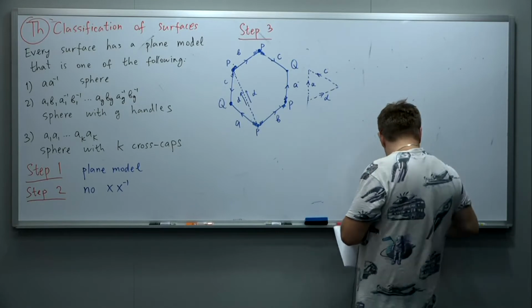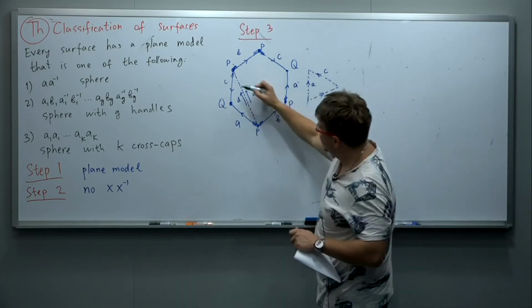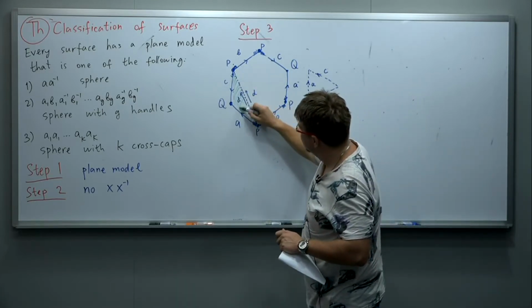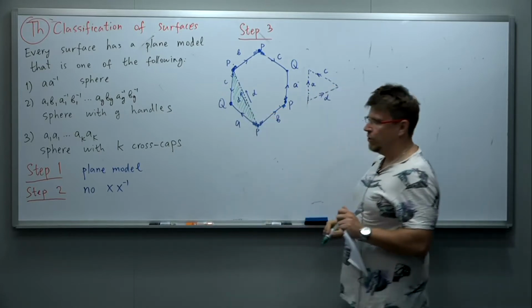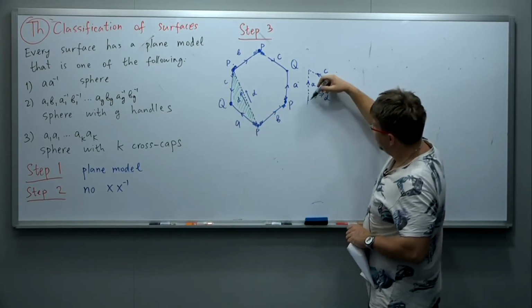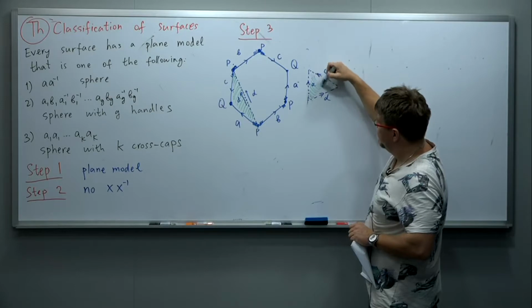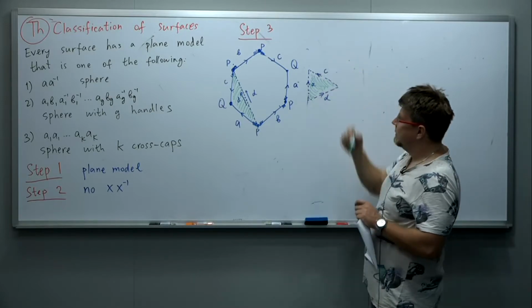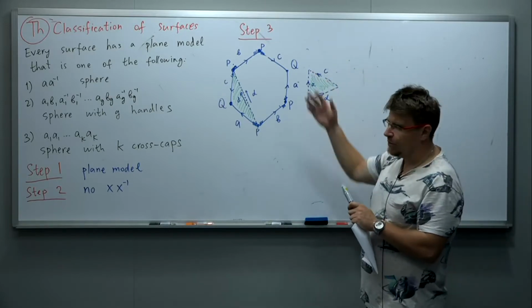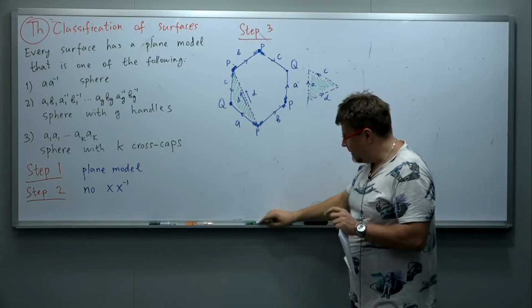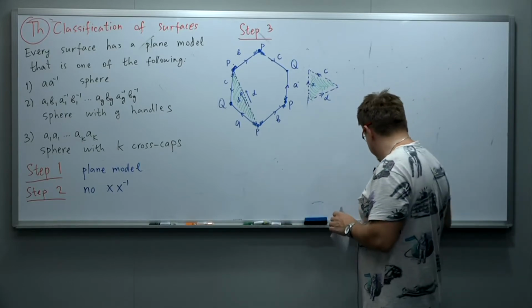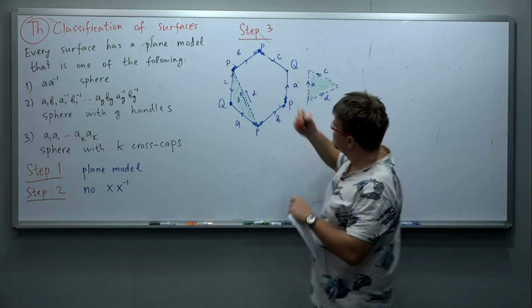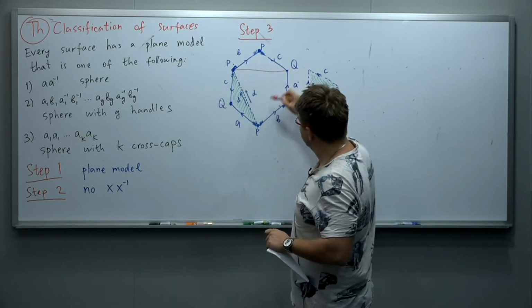Let me clarify that I am deleting this part of the hexagon, and then I'm going to glue it again, but to a different place in the hexagon. Remember that the original surface is still the same, because it was probably made out of several triangles.